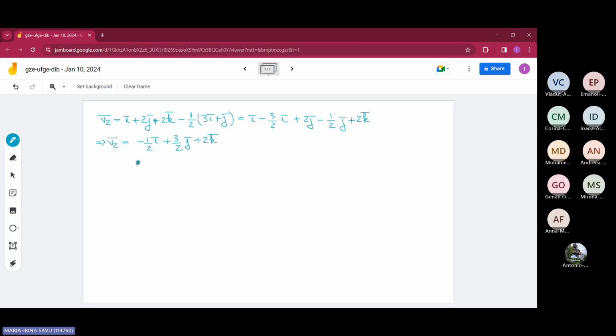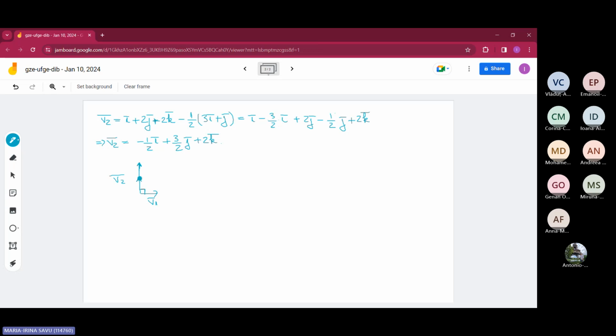So you know that V2, let me draw a smaller V2, this one. You know that V2 is perpendicular on V1. But in order to obtain whole numbers, you have to multiply V2 by 2.